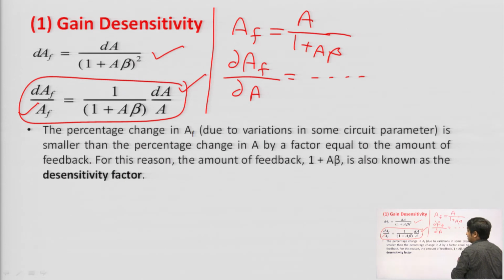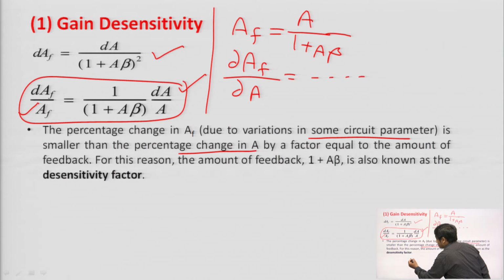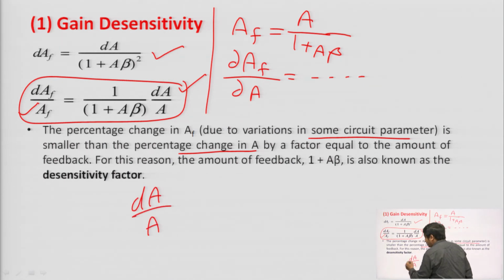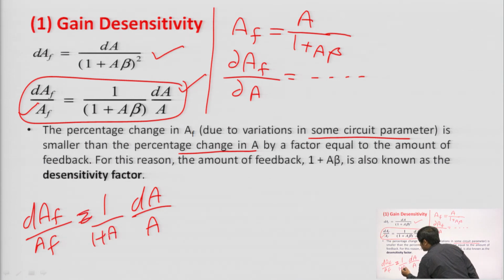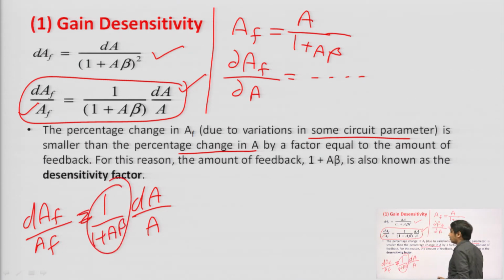So, the point is that the percentage change in AF due to a variation in some circuit parameter is smaller than the percentage change in A, because the percentage change in A is dA by A. Corresponding to this, the percentage change in AF is reduced by the factor 1 plus A beta, that is the good thing. Your variation in closed loop gain is lesser in comparison with open loop gain, fine.